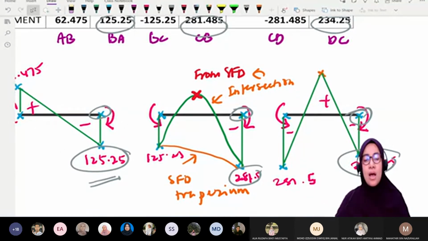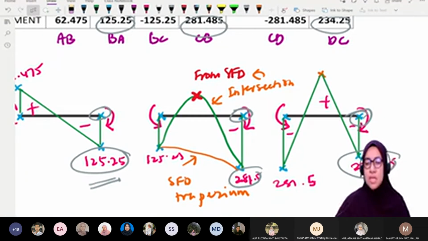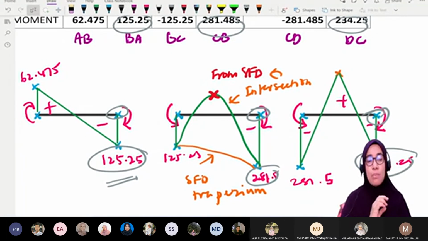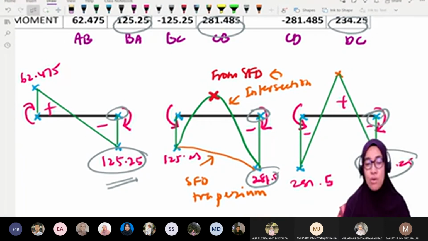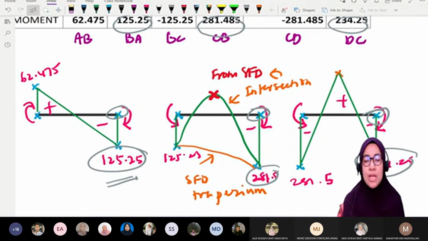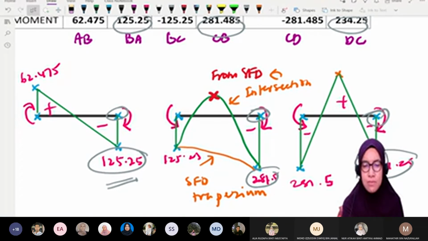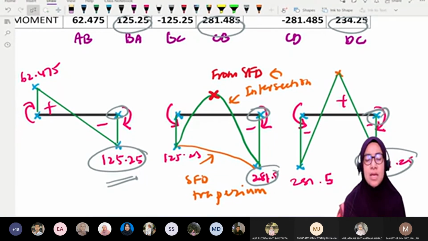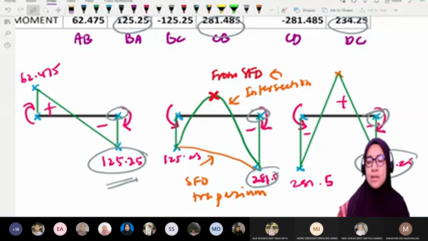Okay, this is how we draw the bending moment diagram from shear force, from member and moment that we get from table. Okay, and we cannot get the maximum moment for member BC and member CD because that one we have to analyze the vertical forces first, draw the shear force diagram, and from the shear force diagram, then only we can calculate the maximum moment inside these two diagrams.